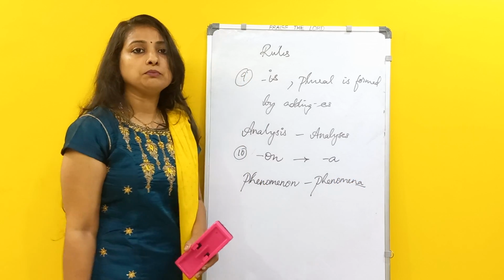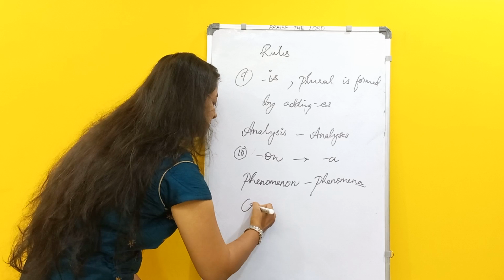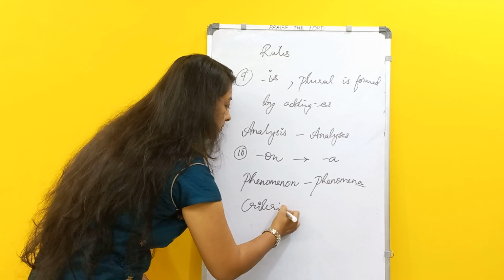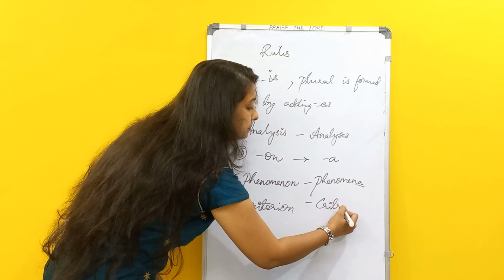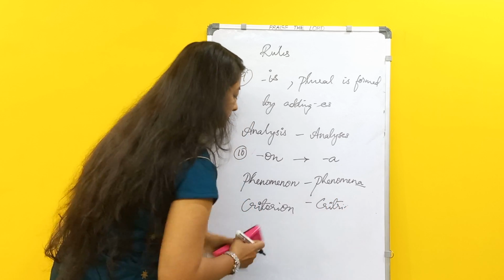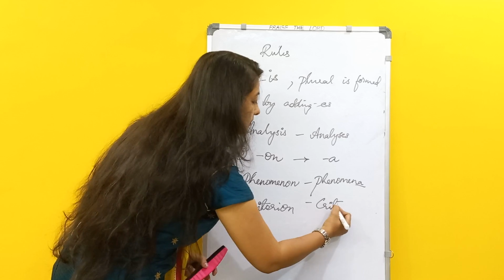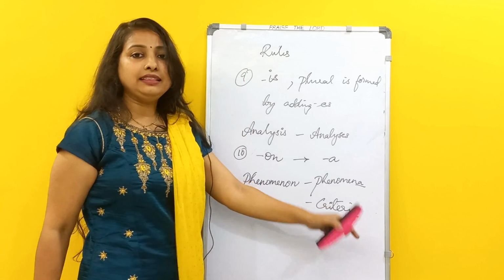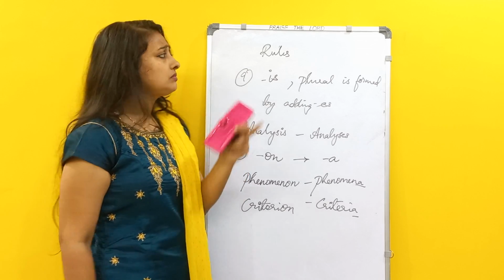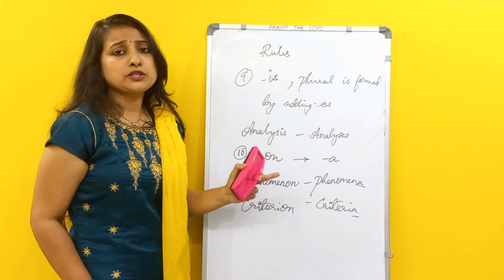Phenomena is the plural. Similarly, criterion. The plural will be criteria, by adding A at the end. So these are the exceptions we can see.